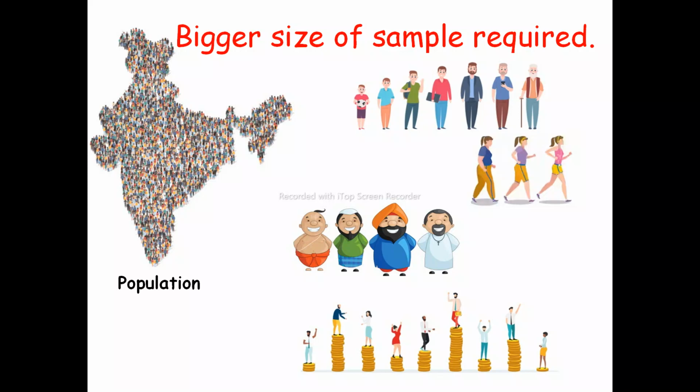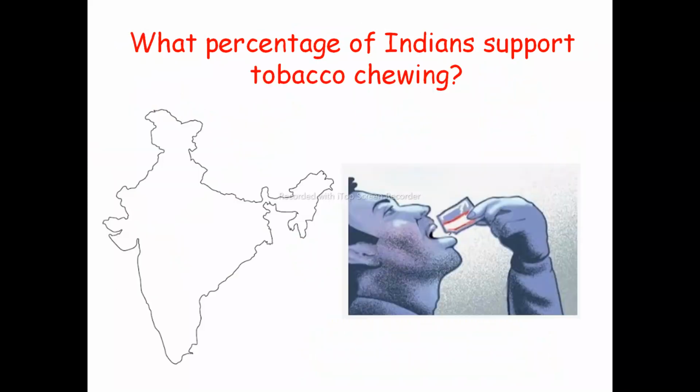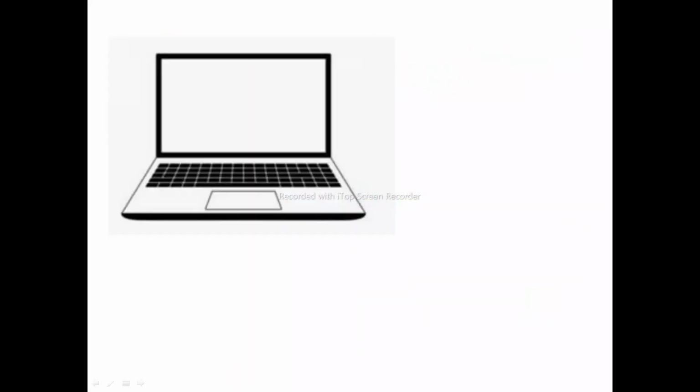So how can we use random sampling for our question, like what percentage of Indians support tobacco chewing? Technically, you could give everybody a number, say 1 million people a number, put them in a generator such as an Excel sheet or computer, and press the button to randomize them.